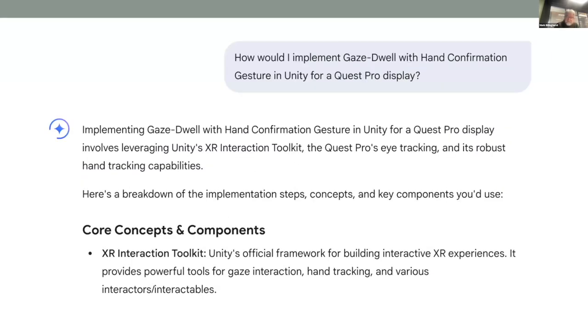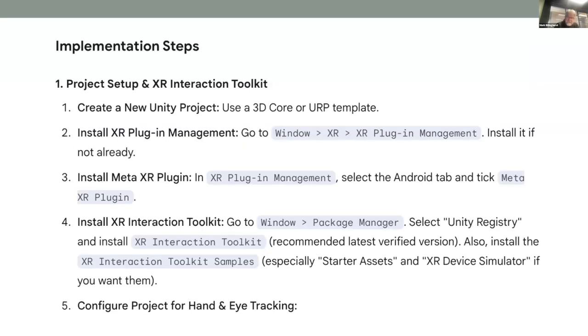And then I said how would I build this in Unity for a Quest Pro display, and it gave us examples. And then it gave me these implementation steps. So even if I can't program, I can use AI, I can ask for advice, it tells me what I should be doing, and then it gives me step-by-step instructions with Unity on how to build that. So it's a very useful tool.